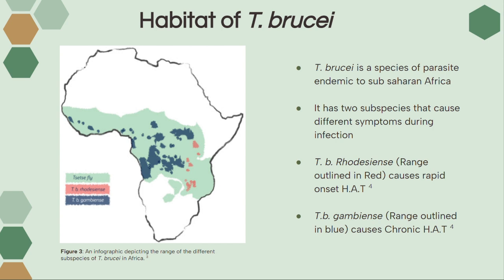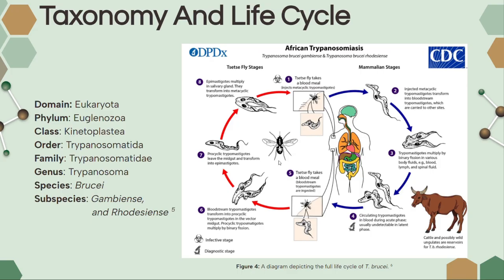There are two subspecies: Trypanosoma brucei rhodesiense, which is primarily located on the east coast of Central Africa, and Trypanosoma brucei gambiense, which is primarily located in the Democratic Republic of the Congo, and it is a lot larger range. Trypanosoma brucei rhodesiense is going to cause rapid onset HAT, and Trypanosoma brucei gambiense will cause chronic HAT.